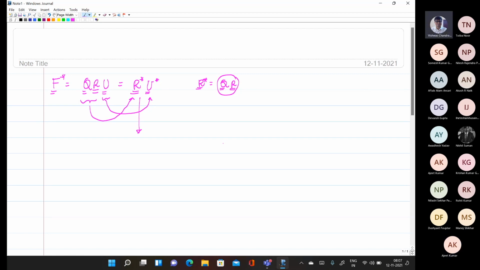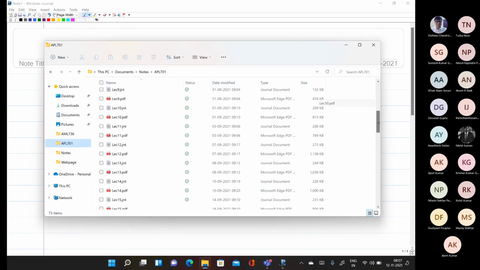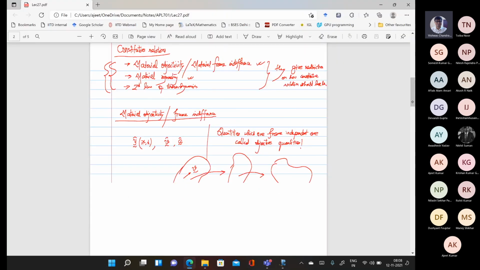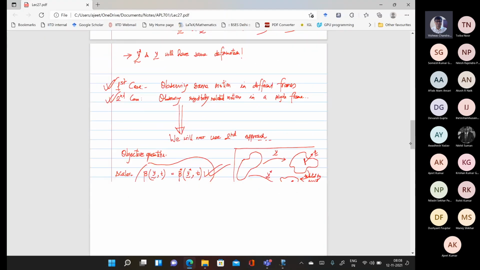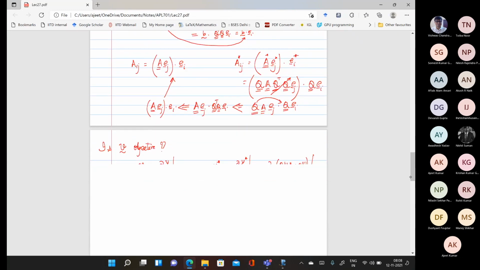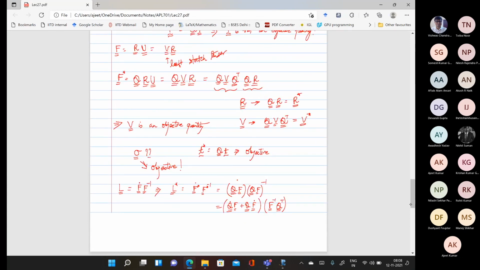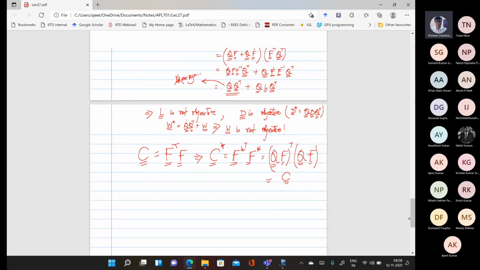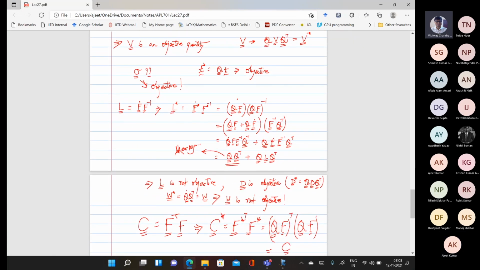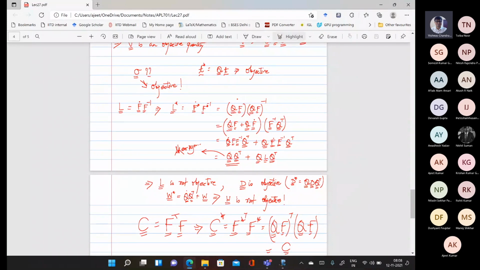Then, sir, just one small clarification. Lecture 27 can be opened. Yeah, sure. Here in the last part, we are working on the spin tensor, whether it is objective or not. W star equals Q into Q dot into Q transpose plus QW Q transpose should come, no, sir?